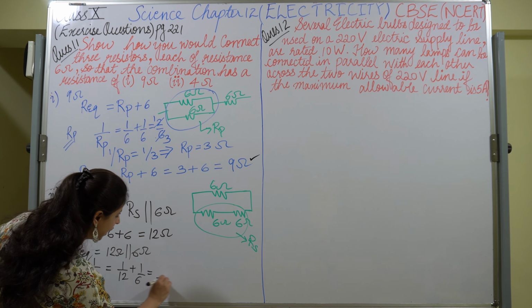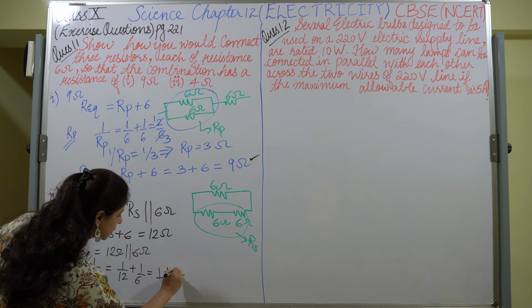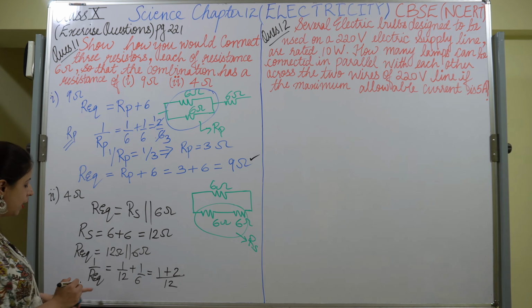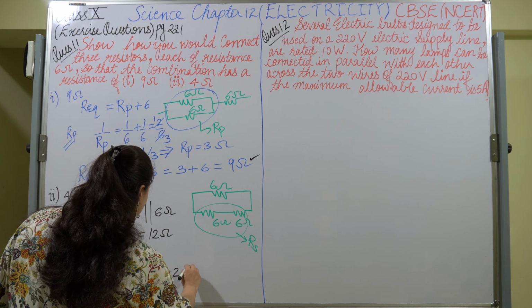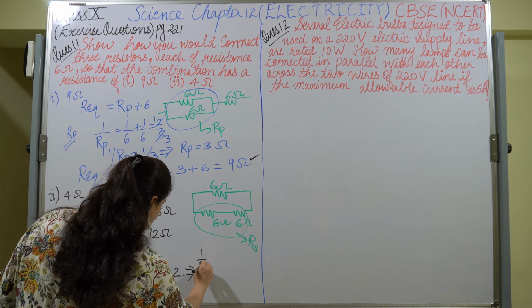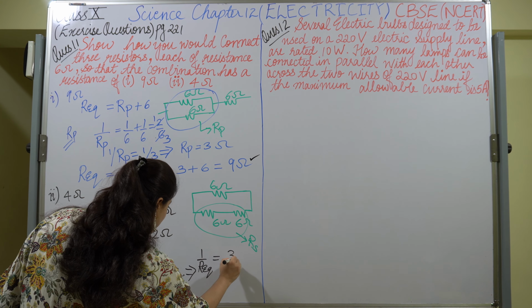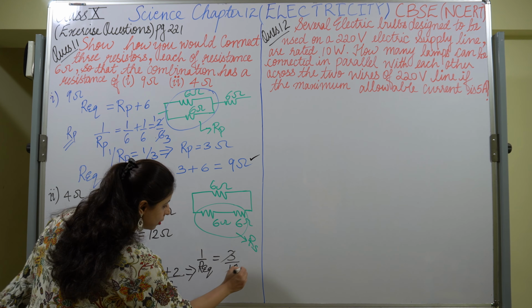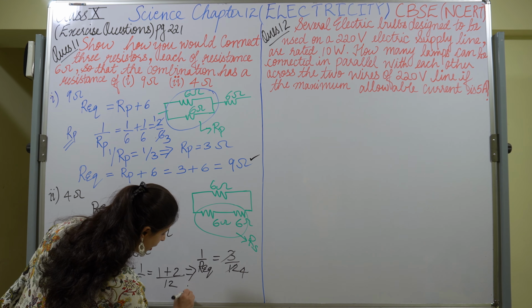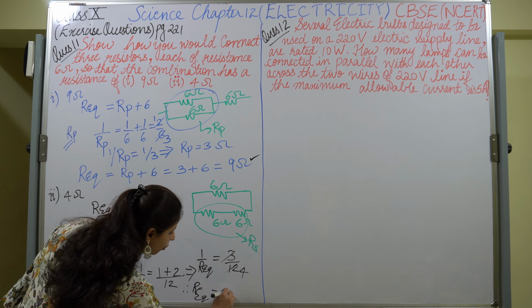When we take the LCM as 12, we get 1 plus 2 upon 12, which is 3 by 12. This gets cancelled out: 3 ones are 3, 3 fours are 12. So ultimately R equivalent is equal to 4 ohms.